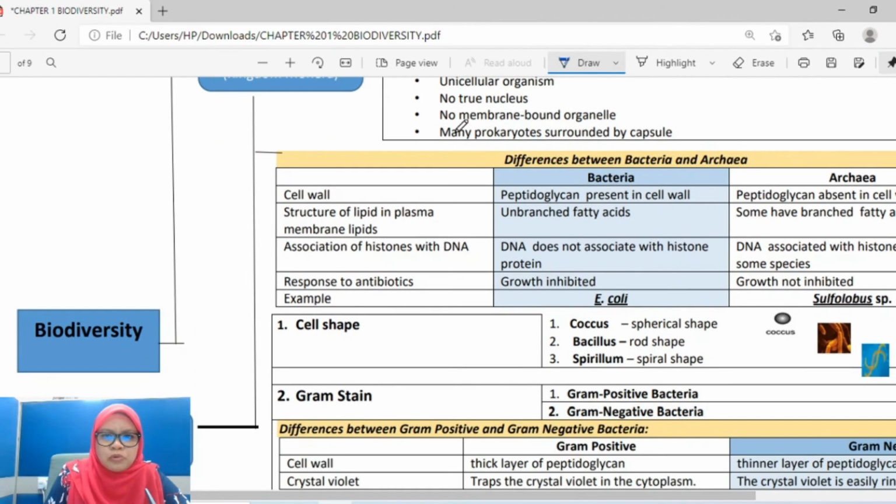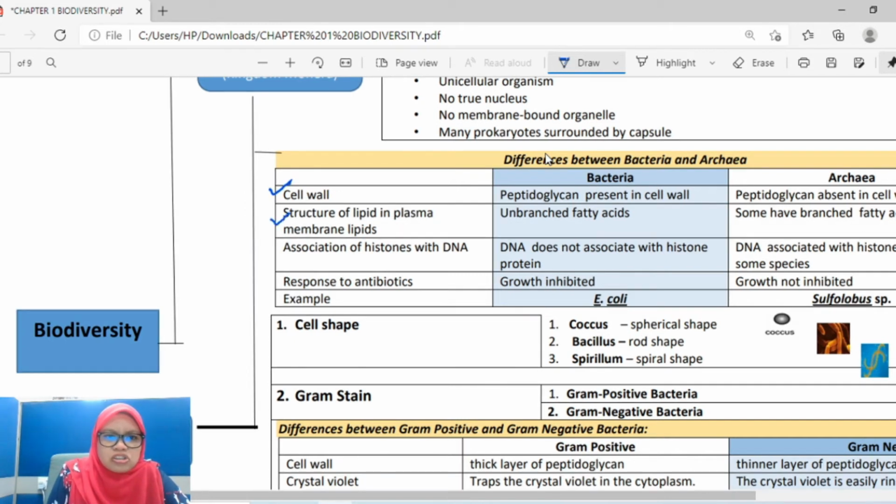Okay. So what you should know is the difference between bacteria and archaea in terms of cell wall, structure of lipid in plasma membrane, association of histone protein with DNA, and response to antibiotics, and also the example for each domain. In terms of cell wall, bacteria have peptidoglycan. But archaea do not have a peptidoglycan layer in the cell wall.